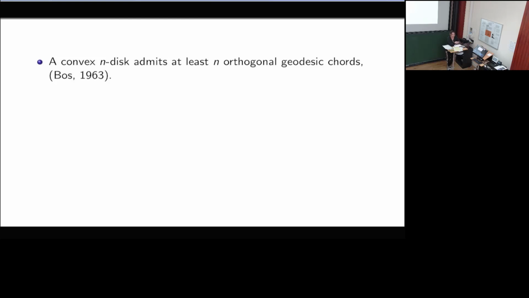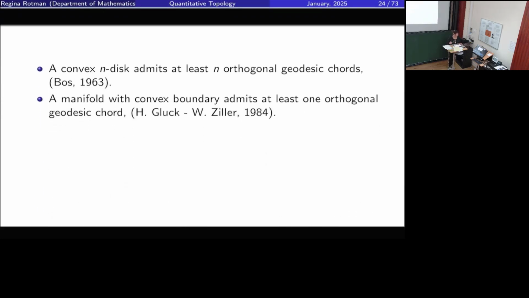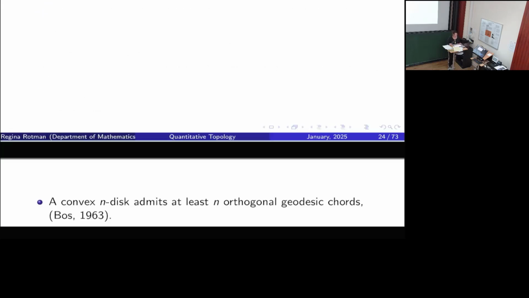At least it uses the same topological argument. What becomes difficult is to show that they actually lie in the disk. Then it was generalized by Bos, and then further generalized by Klingenberg and Ziller.